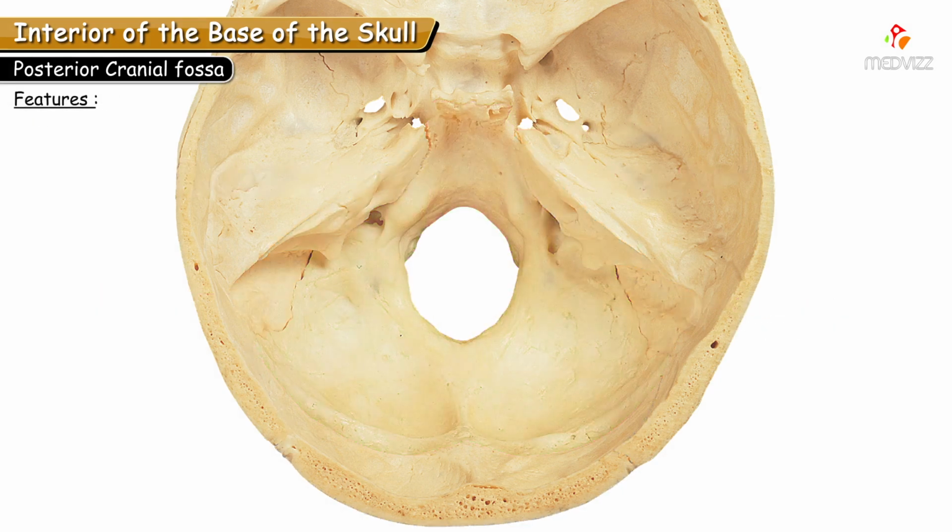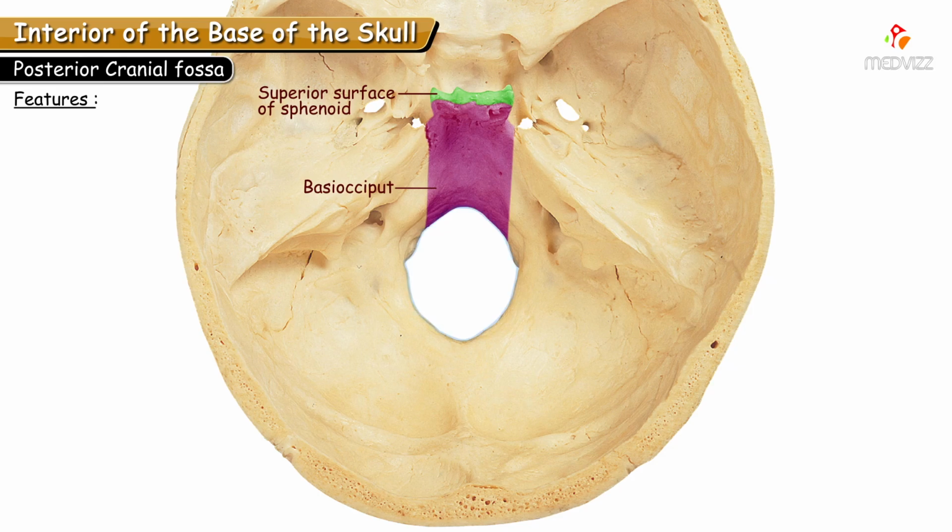Continuing with the features. The midline basisphenoid or basiocciput makes a sloping surface which is present in front of the foramen magnum, and this sloping surface is called the clivus. So the clivus is the fusion of the superior surface of the sphenoid and the basiocciput.